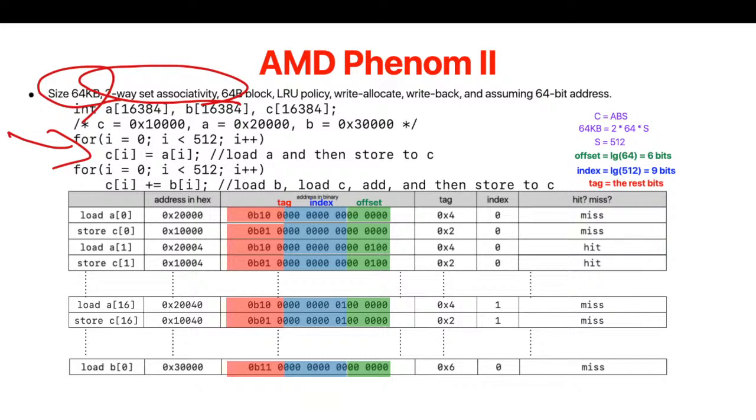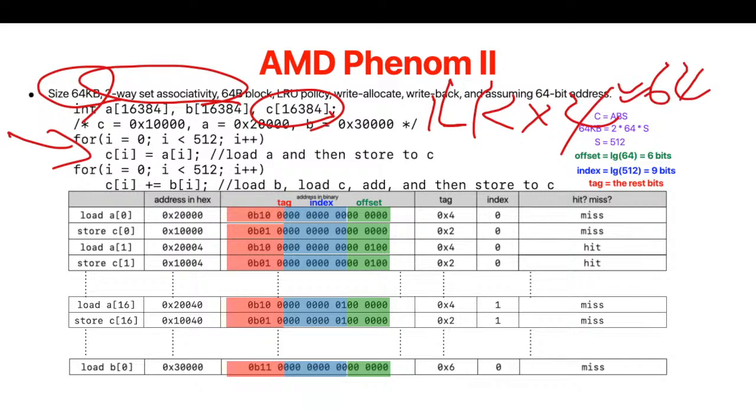So what happened here is, if you look at the data structure, this is 16K, times 4, because each integer is 4 bytes. So it turns out that would be larger than the cache capacity.